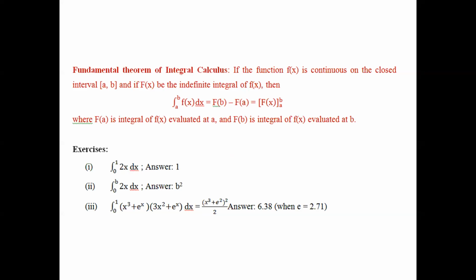So this is the fundamental theorem of integral calculus. What we get is capital F(b) minus capital F(a), or we can write it in this form. This will give us the Riemann sum. In order to get this result, the function f(x) has to be continuous, and capital F(x) is the indefinite integral of small f(x).